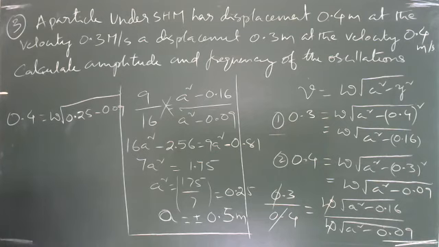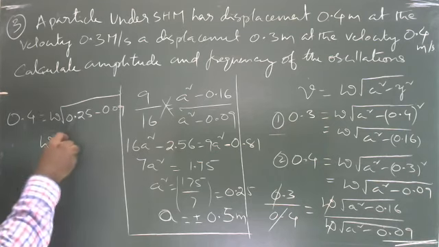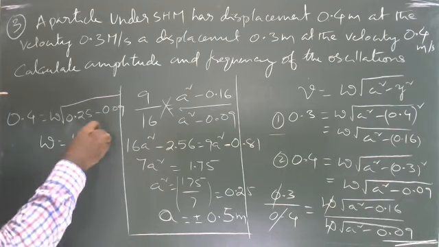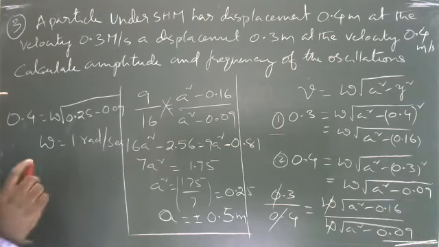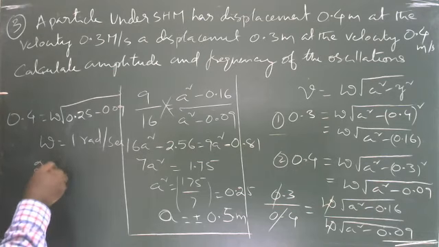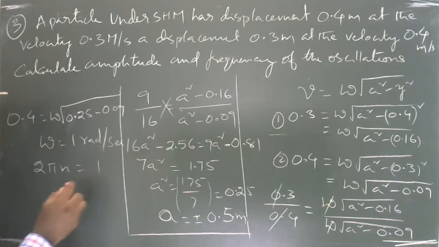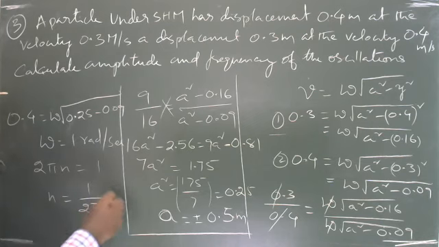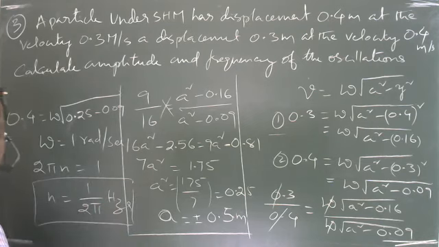In that case you will get omega equal to 1 radian per second. Therefore 2 pi n is equal to 1, so n is equal to 1 by 2 pi hertz.